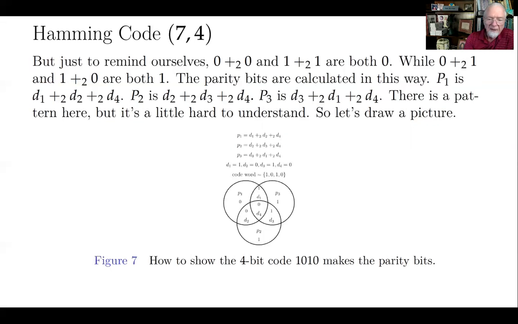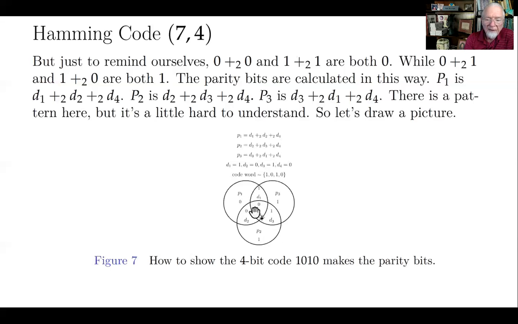We have a code word here, 1010. So D1 is 1, D2 is 0, D3 is 1, D4 is 0. We have 3 parity bits, which you can take D1 plus D2 plus D4, D2 plus D3 plus D4, D3 plus D1 plus D4. So if you have D4, it's a 0.